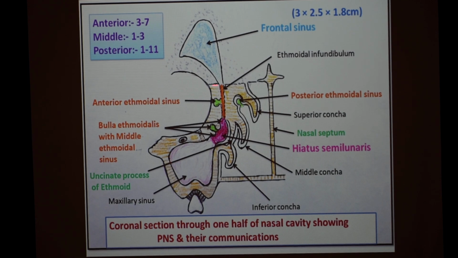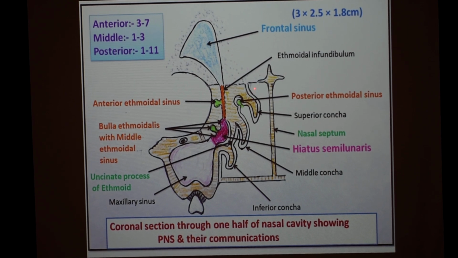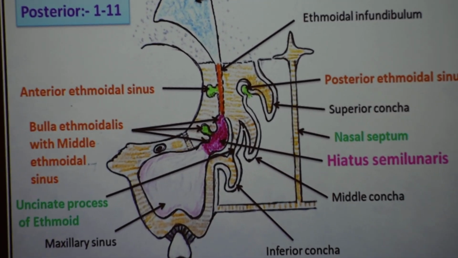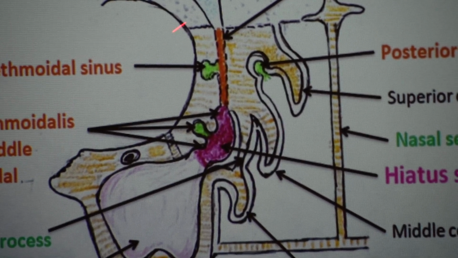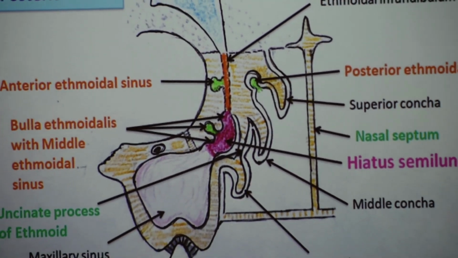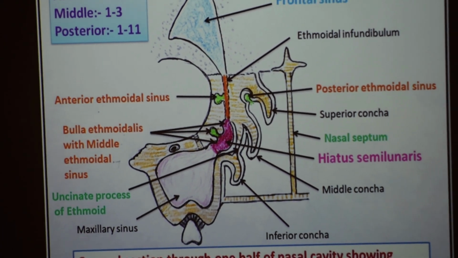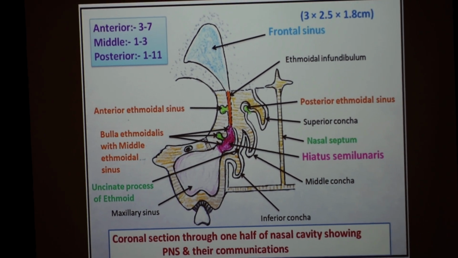Now the anterior and middle ethmoidal air sinuses open into the middle meatus of the lateral wall of the nose, at the hiatus semilunaris, and the posterior ethmoidal air sinus opens into the superior meatus of the lateral wall of the nose. The blood supply of the ethmoidal air sinus is by the anterior ethmoidal vessels, and the nerve supply is again the anterior ethmoidal nerves.